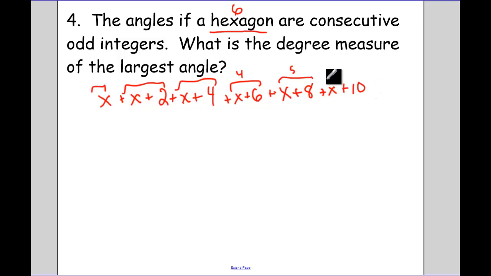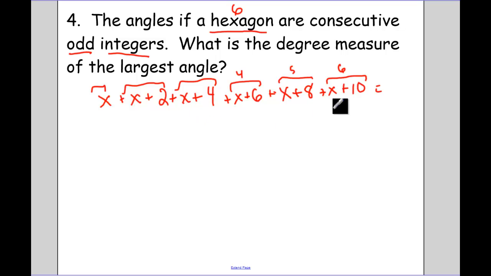So x is our smallest angle measure, and I keep adding, even though it says odd integers. I was thinking about this as I was writing it out. You guys might be confused because I have even numbers written there. That just means that I keep adding a number to x to make it odd. I've designated x to be odd, so when I add 2 to it, I'm going to get another odd number.